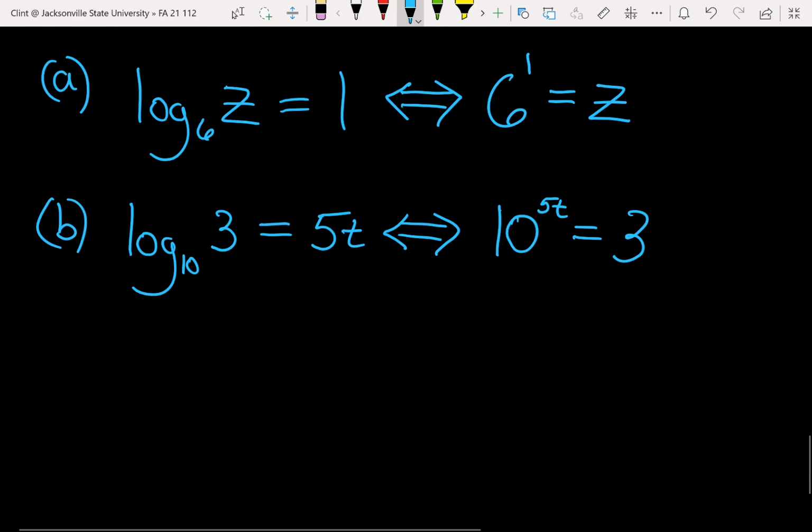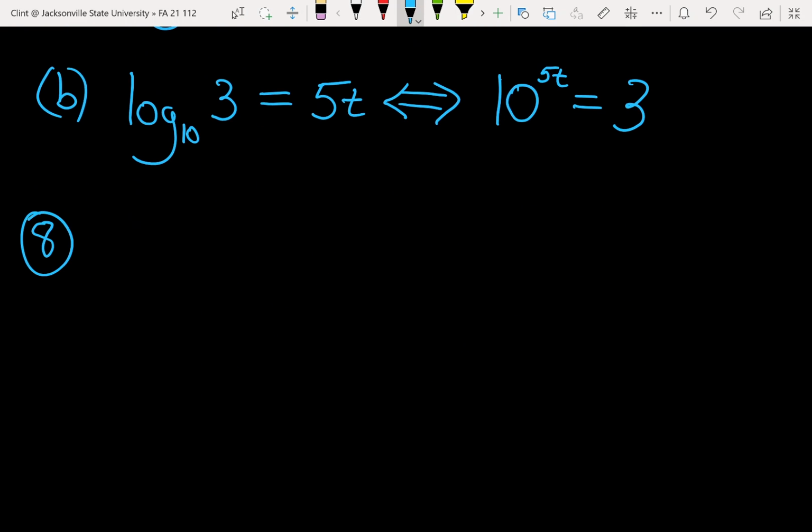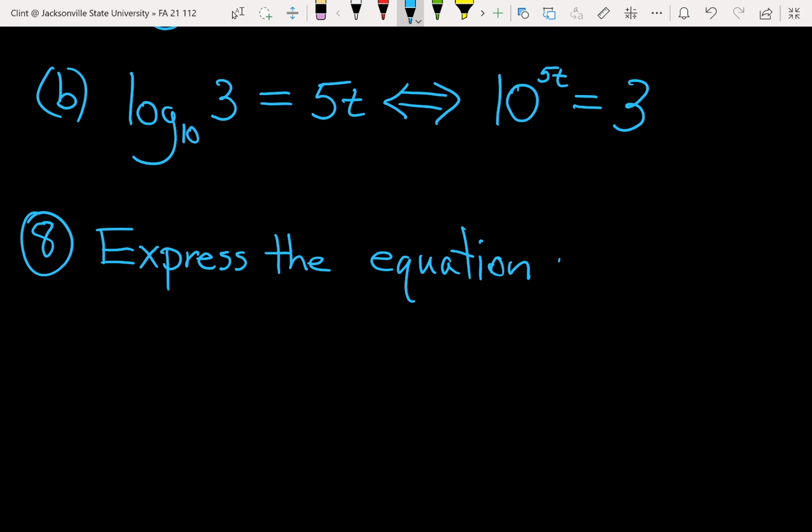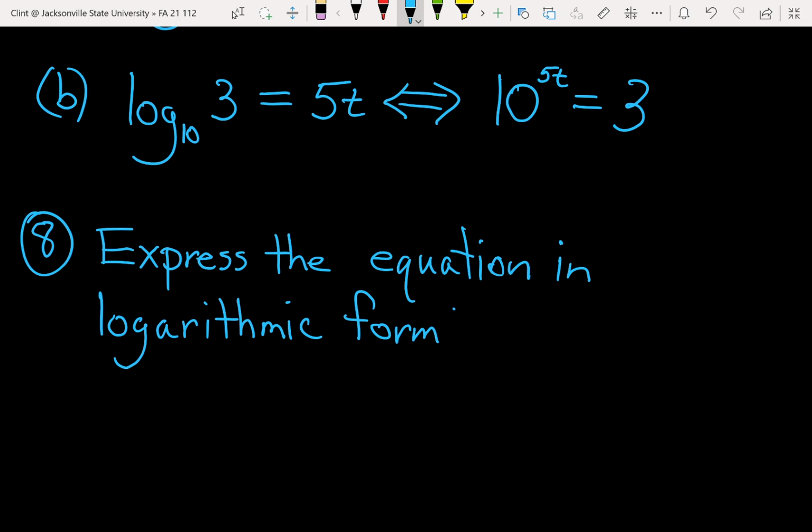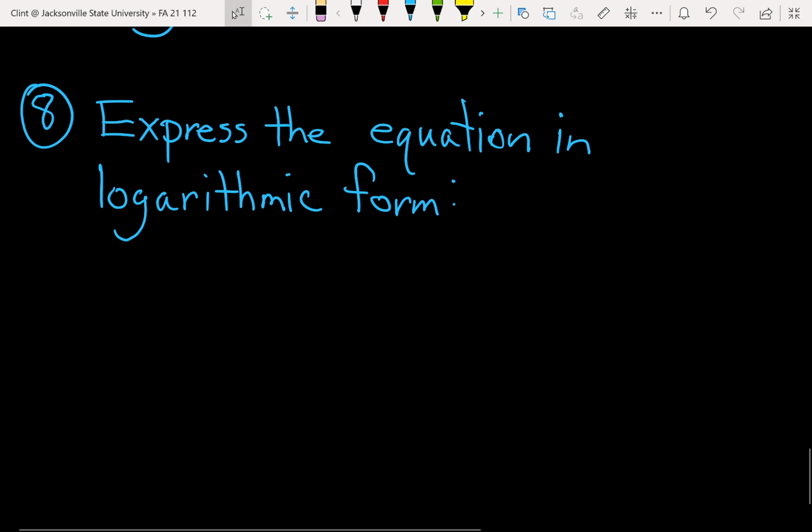Number 8 is going the other direction. It's going to give us some exponentials and tell us to put it in logarithm form. Again, we got 2 of these.